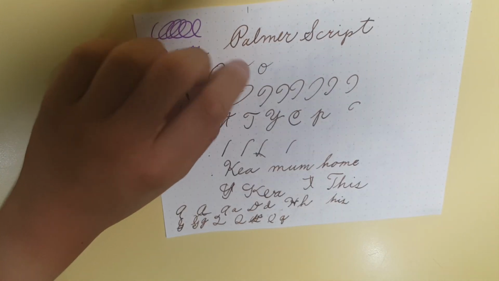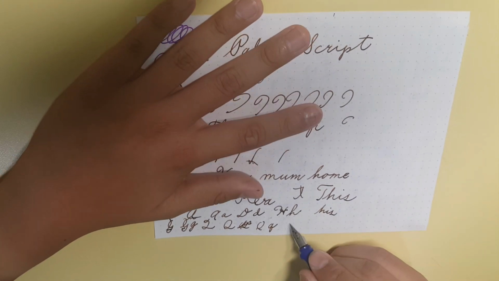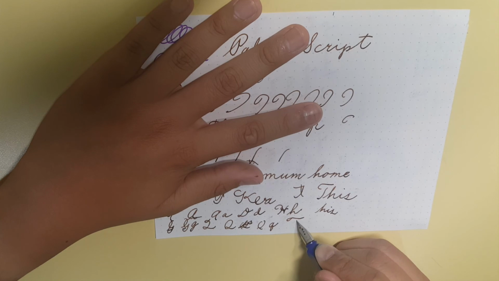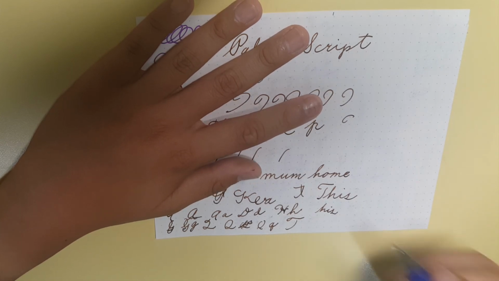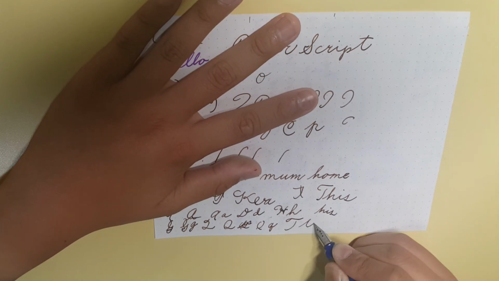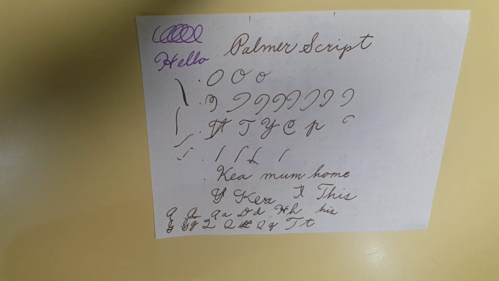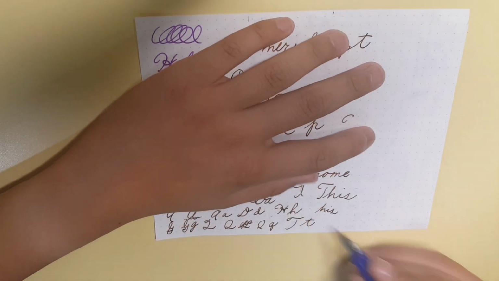Next one, T. Now the reason I chose all these letters is because they are the most representative of what PalmerScript means. These are the ones that are used a lot in PalmerScript. So that's why I chose them. They're used in PalmerScript a lot, and they kind of represent a vast majority of all the strokes. U, here we go.